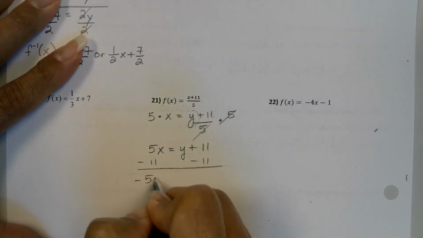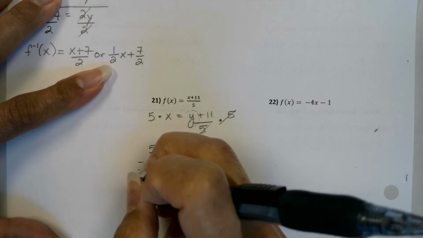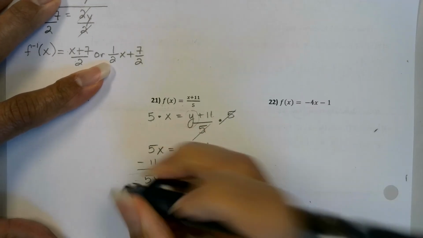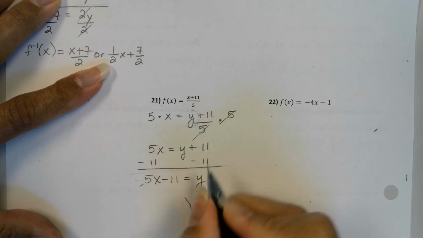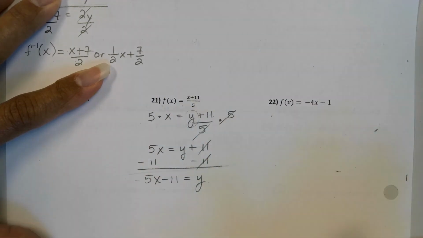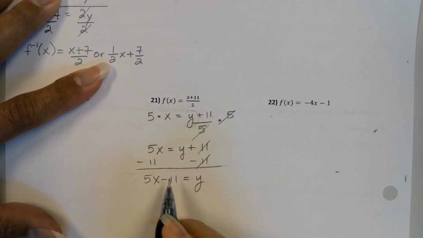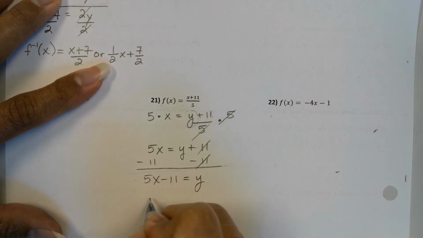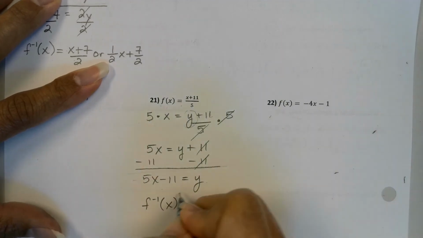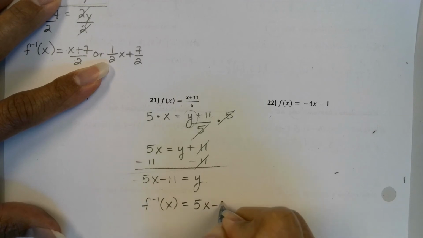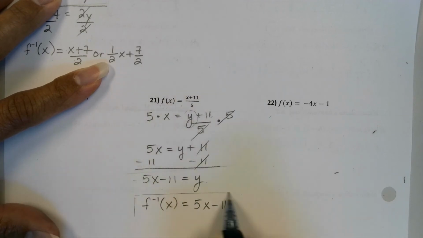Nope. 5x comes down. 5x minus 11 equals y, because those two add to be 0. So now that my y is isolated, I can say, hey, I found my inverse of the f of x function that you started out with, and that answer is 5x minus 11. And you're done.